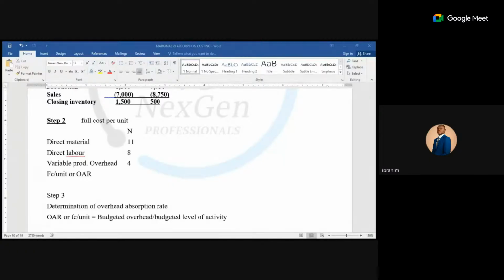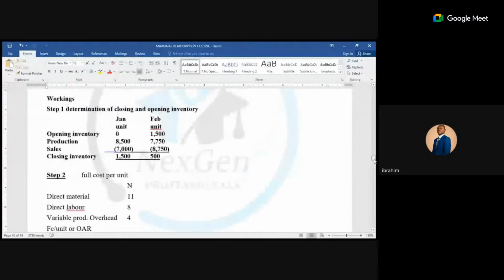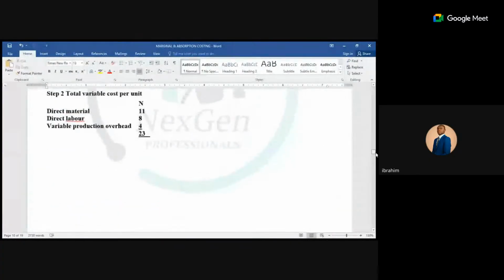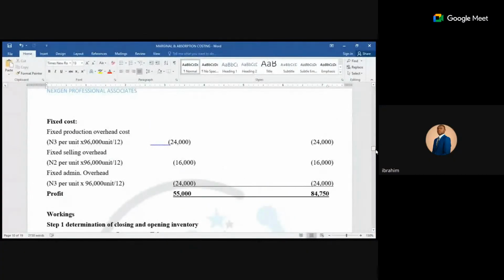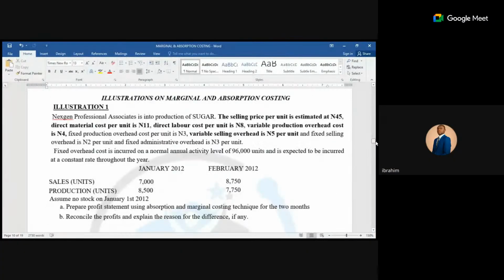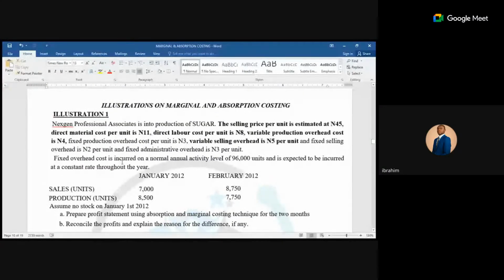You can see that in this question. Where is the fixed overhead? You can see that the fixed overhead cost is incurred on a normal annual level of activity. We're supposed to say budgeted overhead over the budgeted level of activity of 96,000.